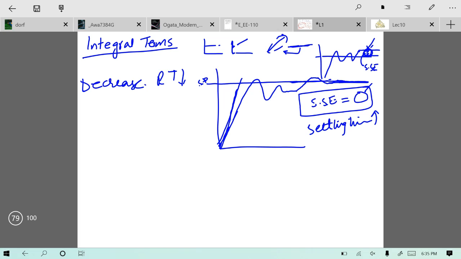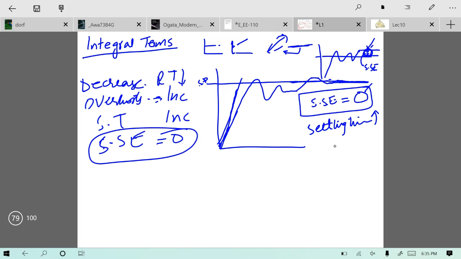So your rise time obviously will decrease, your overshoots will increase, settling time will also increase, and your steady state error will be 0. Now what about the derivative term?